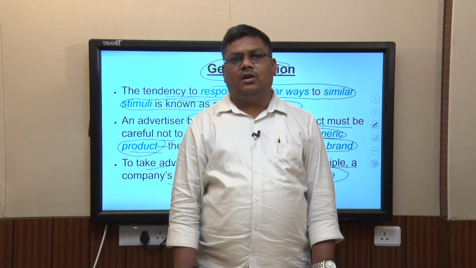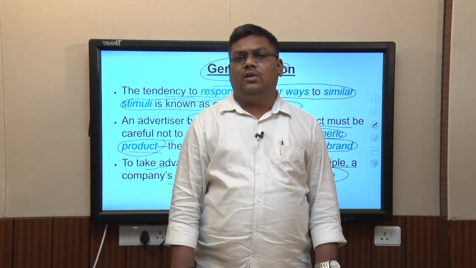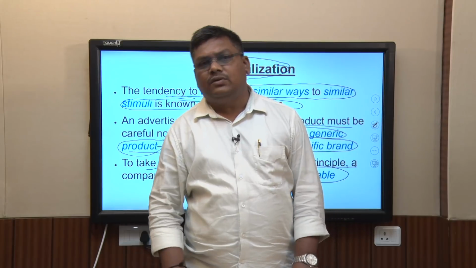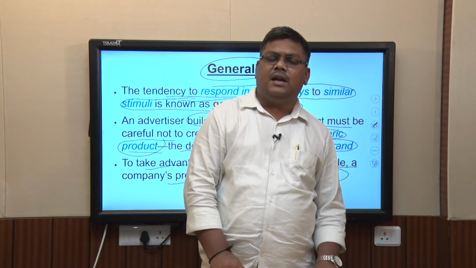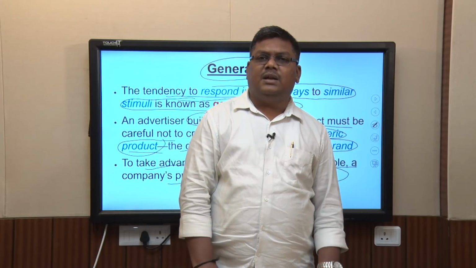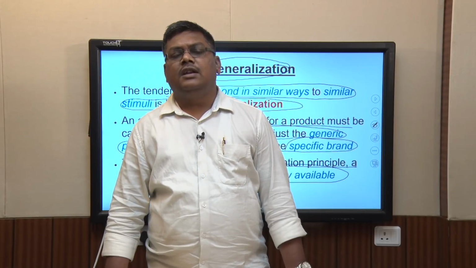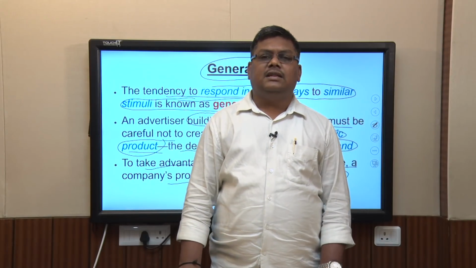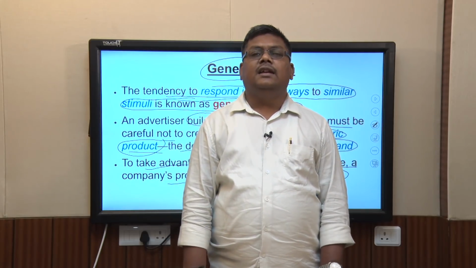You should also make sure that your product is readily available. If it is not available, then when people think of switching because the first product is unavailable or because of tiredness from the first product, they will not go to your product and will not show any response to it. So, to take advantage of product generalization, an essential principle is the ready availability of your product.